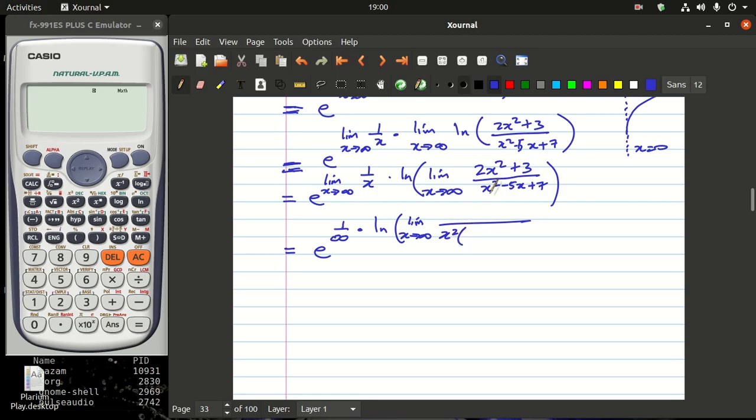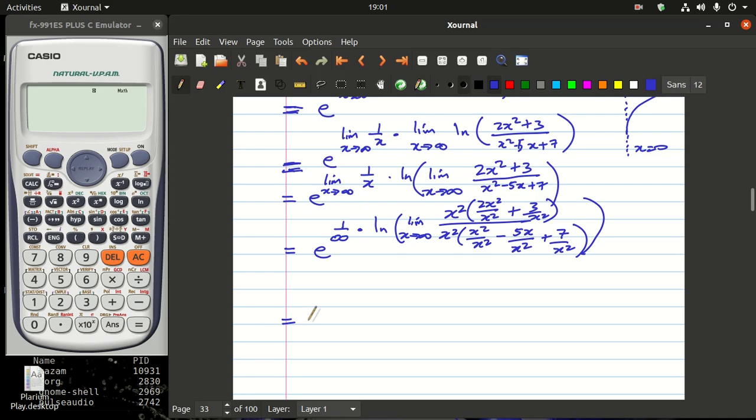Once I factor x squared, I will get x squared divided by x squared, so that this and that cancel out, and we get minus 5x divided by x squared, and then plus 7 over x squared, right? And then in the numerator, we'll do the same thing, factor out an x squared, which was from the denominator. And then I'm going to end up having 2x squared divided by x squared plus 3 divided by x squared. And then I'm closing this whole thing for the ln.